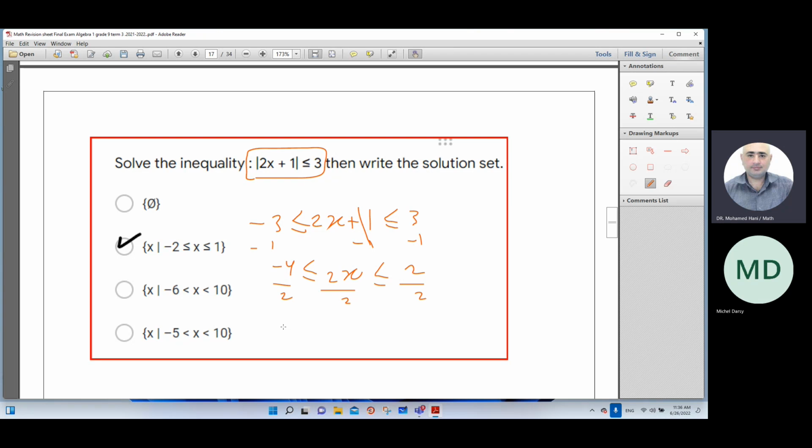So minus 4 divided by 2 will be minus 2. And here 2 divided by 2 will be 1. So the value of x is greater than or equal to minus 2 and less than or equal to 1. So this is the solution set.